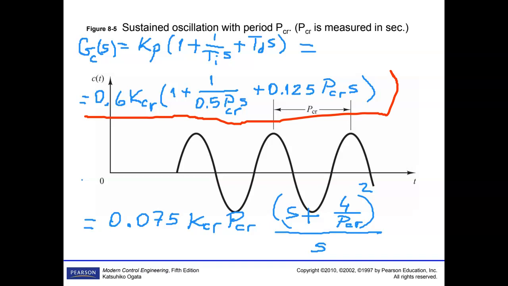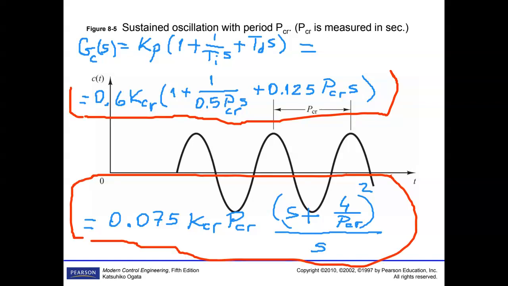Both are the same equation, by the way. So that means we are actually adding two zeros to this system and one pole. Those zeros are defined by using the first Ziegler-Nichols method.